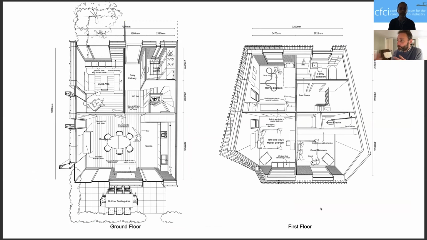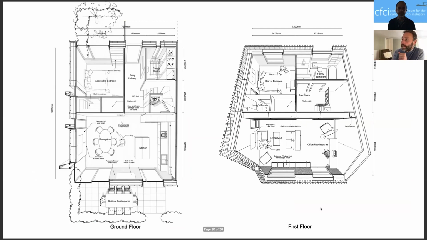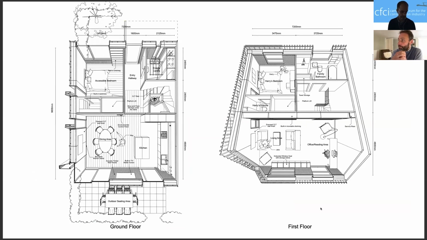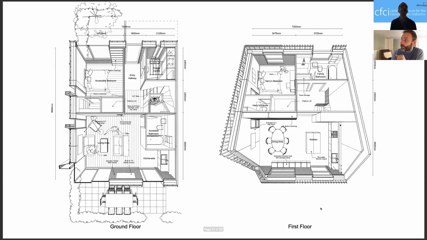You can move walls, you can move kitchens, you can put platform lifts through there. We're thinking about how, as residents become older or have an older relative coming to stay with them, you can adapt the plans, or if you want to put the kitchen upstairs and so on. So I think this is key: having adaptability in a modular approach.